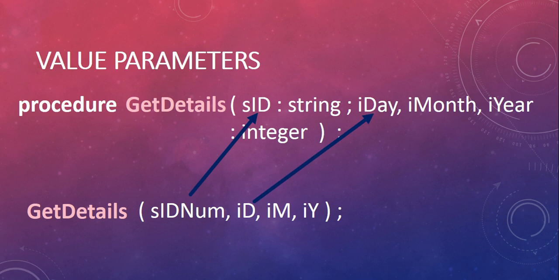Whatever is in rD, although there will be nothing in there, will go to our day in getDetails. Whatever is in rM will go to the rMonth variable, and whatever is in iY will go to the iYear. So we actually aren't going to put values into rD, rM, or rY. We're just going to give a value in sID num. So let's try this example. Let's first see if this is going to work.